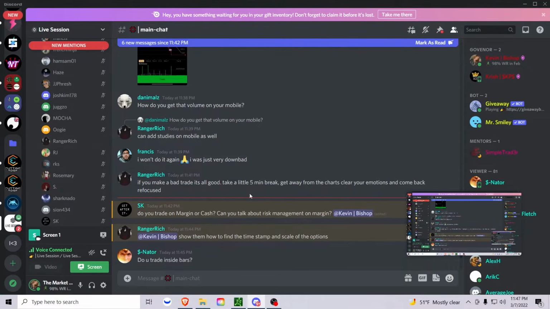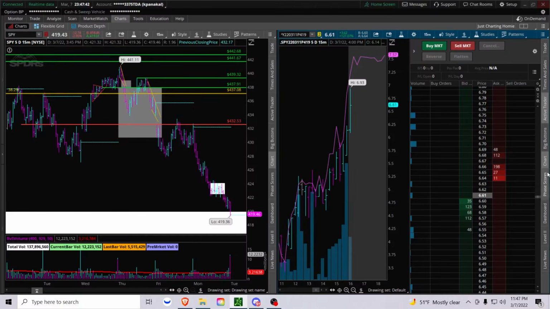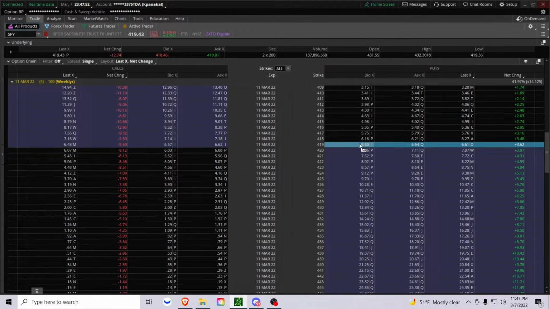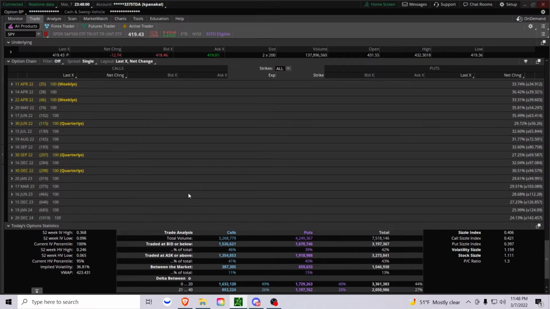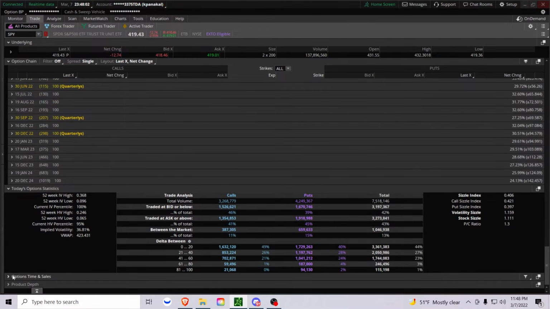Next to monitor it says trade, top left, like chart scan, and then scroll down. It says option times and scales. Not the spreads, the times and scales.